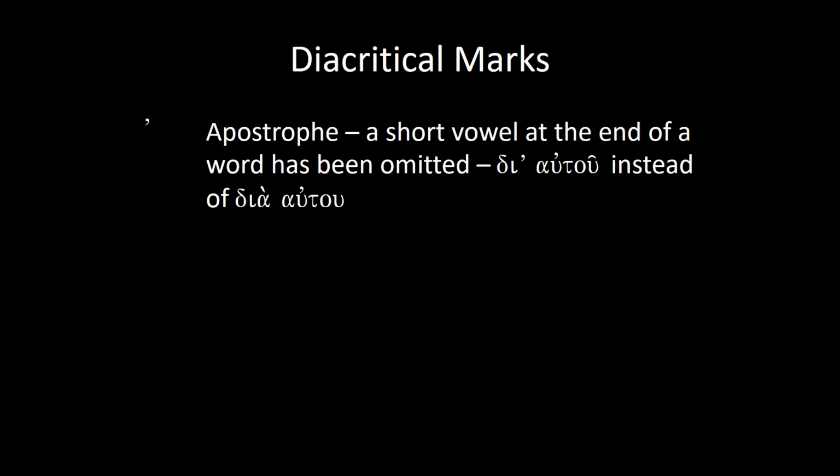So for example, right here in the word dia autu, which means through him, notice this alpha right there is gone over here. So when that alpha had to run away, what we put in its place was this apostrophe. So in the text it would say di autu instead of dia autu.